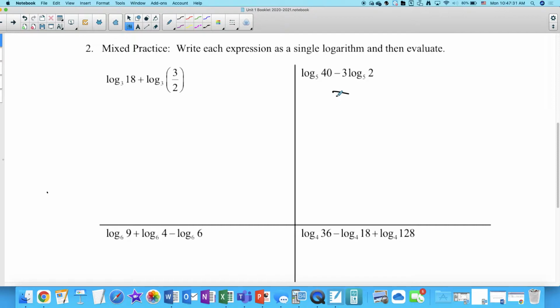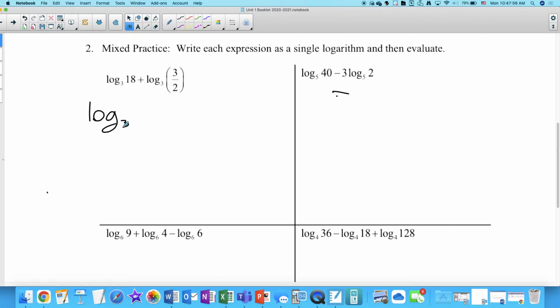Now in this question, we've got a product law going on. We're adding two logarithms with the same base. What are we going to do first here? Yep. So log base 3, and then what happens to these two numbers, 18 and the 3 over 2?